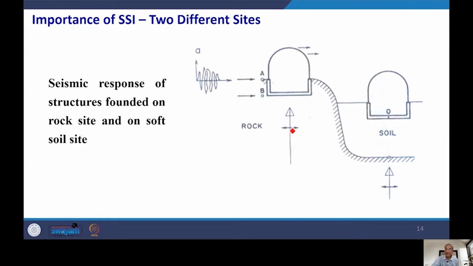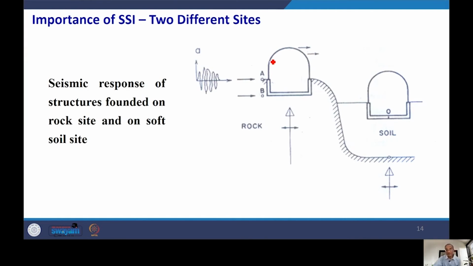The size of this arrow for particle motion tells the amplitude of the particle motion or displacement. If you increase the size of this arrow, that means displacement is large. If you decrease it, then it is smaller. So the size also has some meaning.